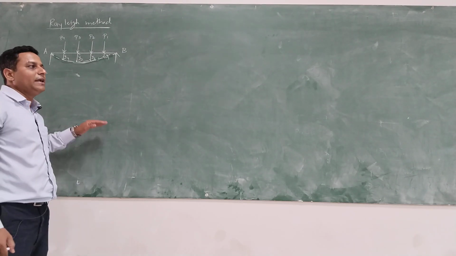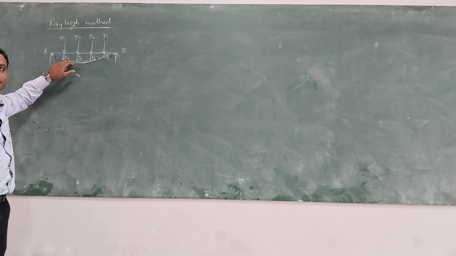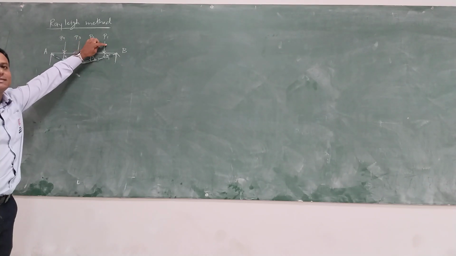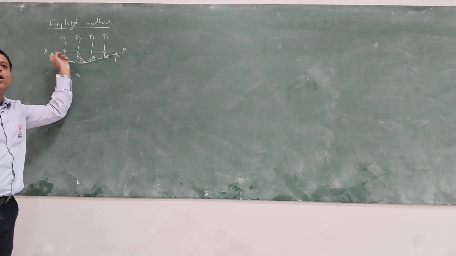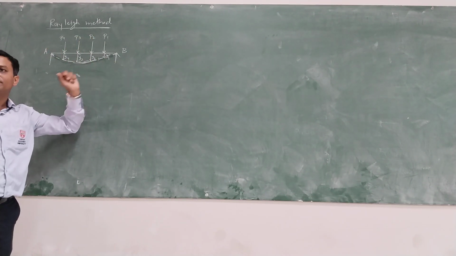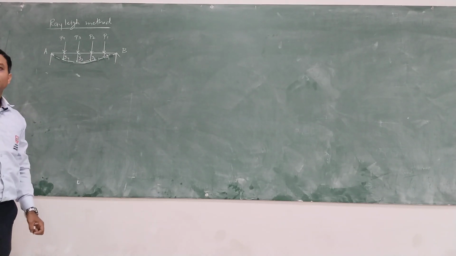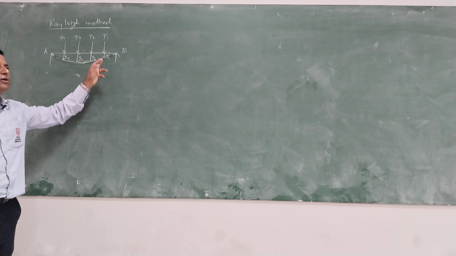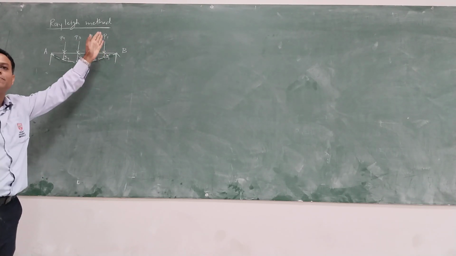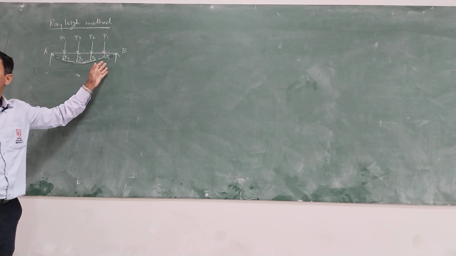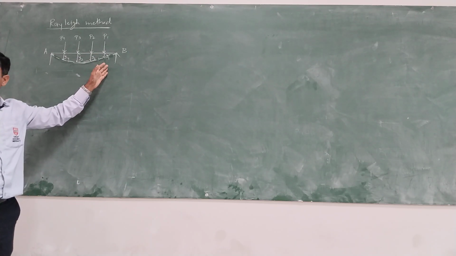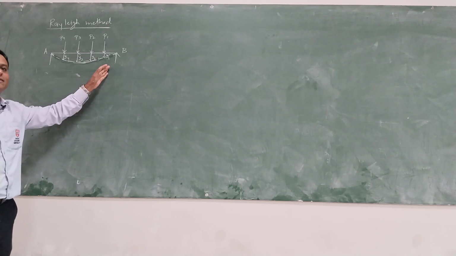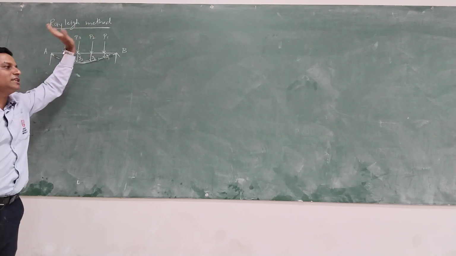Now in this multi-degree of freedom system, here you can see there are 4 masses I have shown on a beam. When the masses are perpendicular to the beam, the vibrations will be transverse vibrations. For this transverse vibration, if you want to determine the natural frequency, then Rayleigh's method is used.